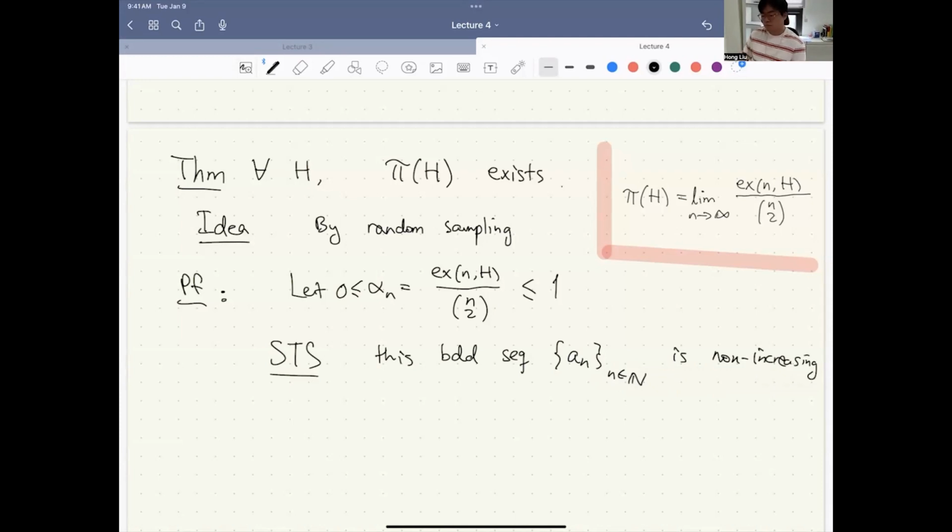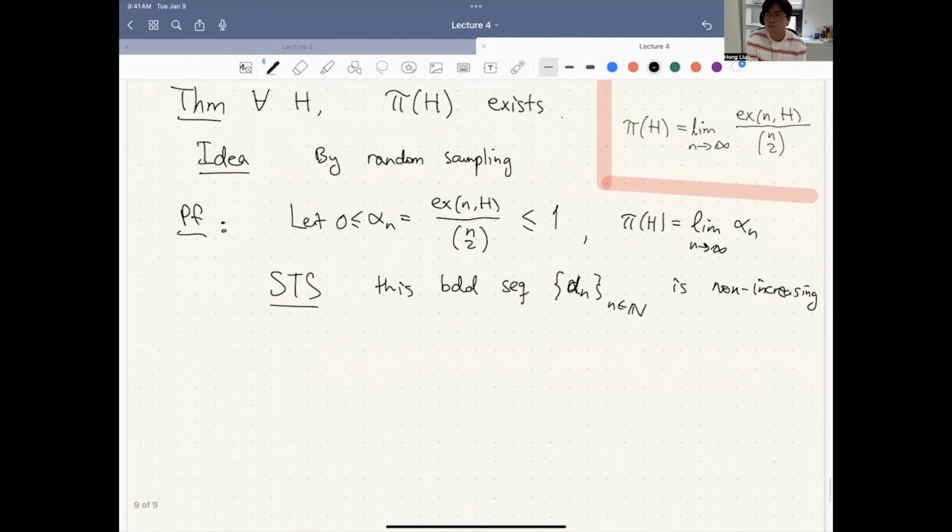Non-increasing, so it keeps dropping. Okay. If this is true, then by the monotone convergence theorem, we know that the limit of alpha n, in this language, pi of H, is the limit of alpha n, right? If this is true, then the monotone convergence theorem says pi of H exists. So how do we prove this? By averaging.